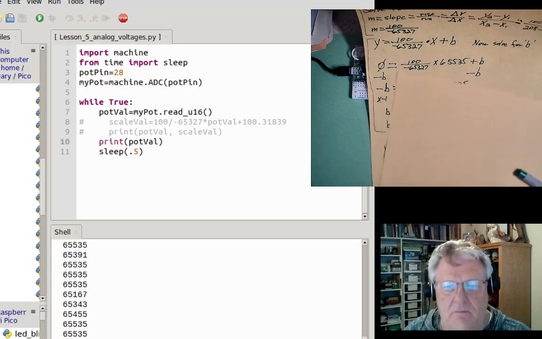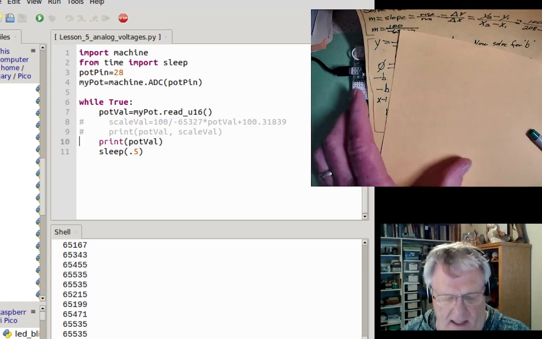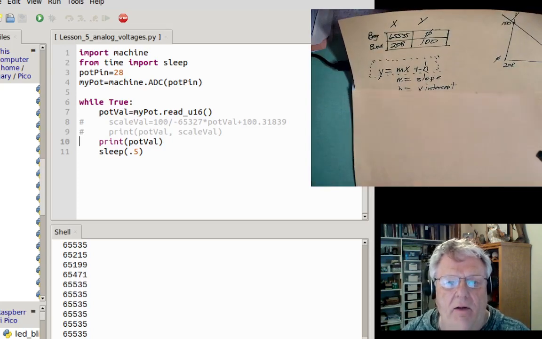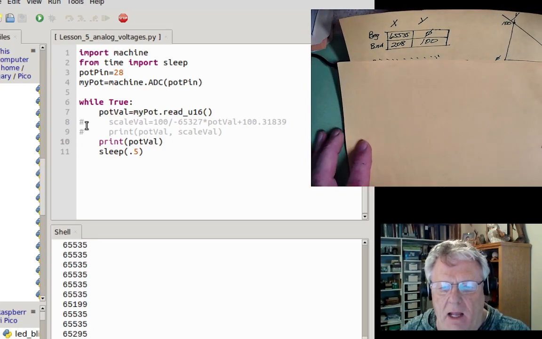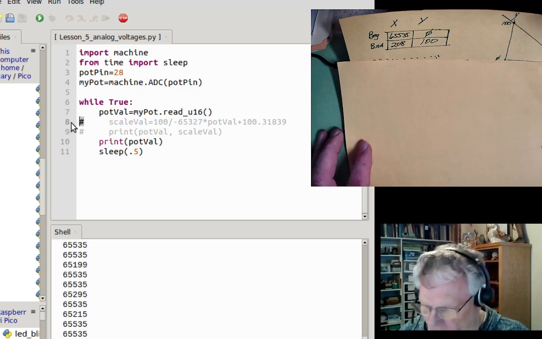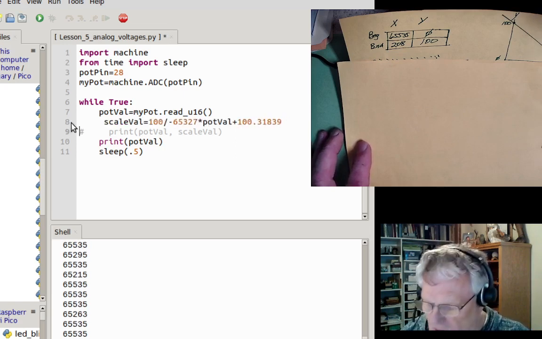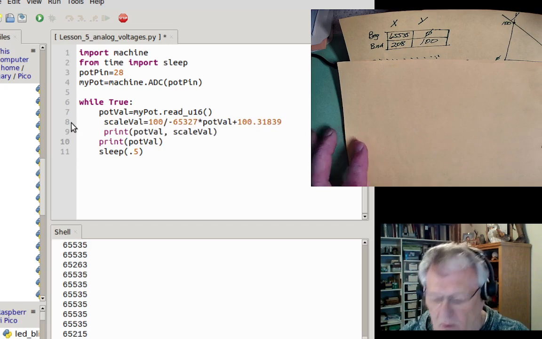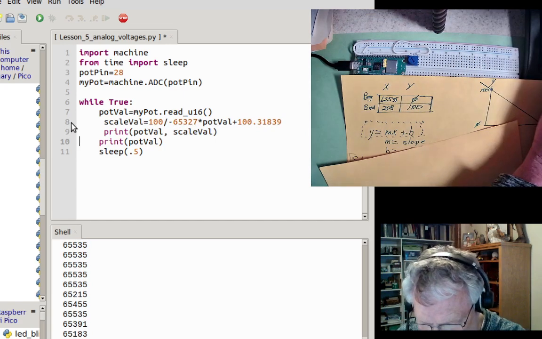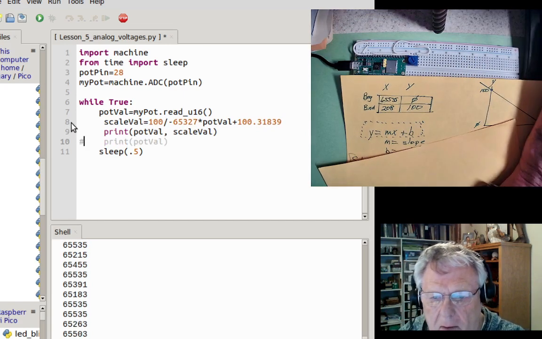So now let's go back into Fony and see what that looks like. Right here. I already have the formulas here, so I'm just going to uncomment them, and I don't want to have this one printed, so I'm going to comment this one out. I have to get these just right.